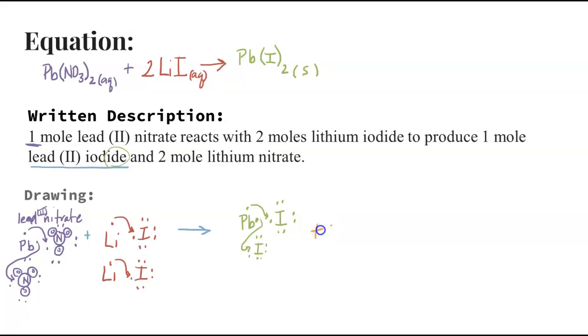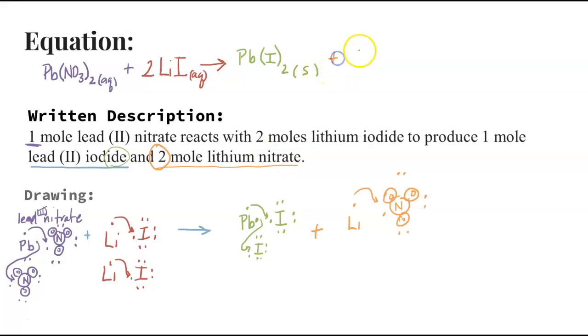So now let's add the last piece. I have 2 moles of lithium nitrate. So again, I'll draw that out. Lithium has 1 valence electron. Nitrate has 7. Okay, and it looks like I just need 1 lithium for 1 nitrate, but don't forget this 2.